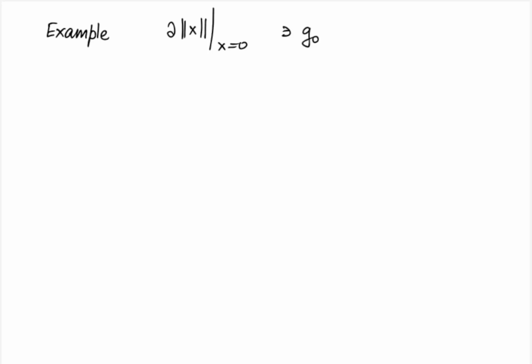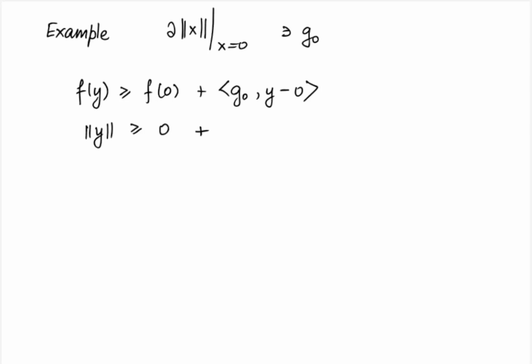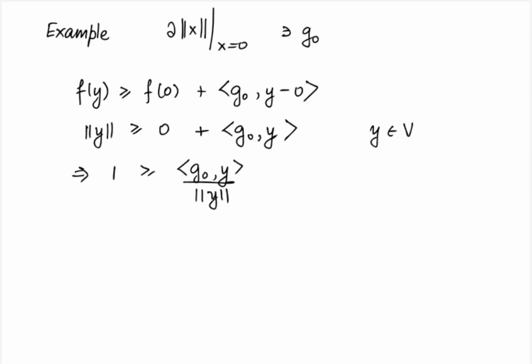Suppose that g_0 is a subgradient, then it would satisfy that f of y is greater than or equal to f of 0 plus the inner product of g_0 comma y minus 0, where f of y is the norm function, so f of y equals norm of y, which is greater than or equal to 0 plus the inner product of g_0 comma y, or equivalently norm of y is greater than or equal to the inner product of g_0 comma y, which holds for all y in V. Then for all y not equal to 0, we obtain that 1 is greater than or equal to the inner product of g_0 comma y divided by norm of y.